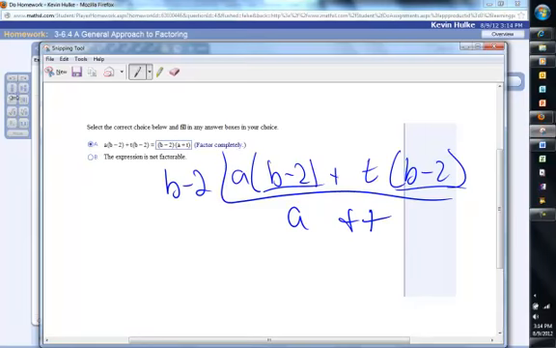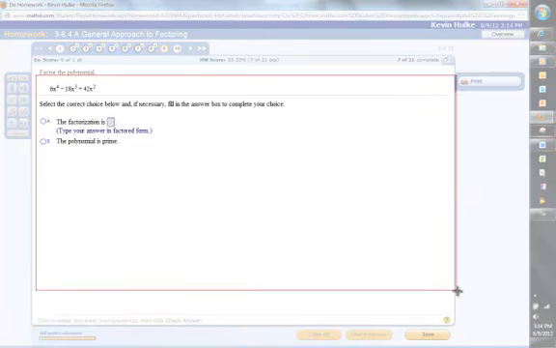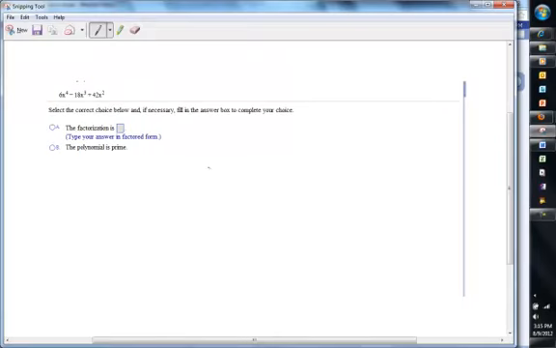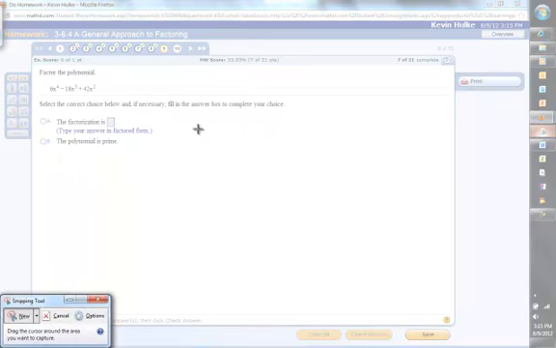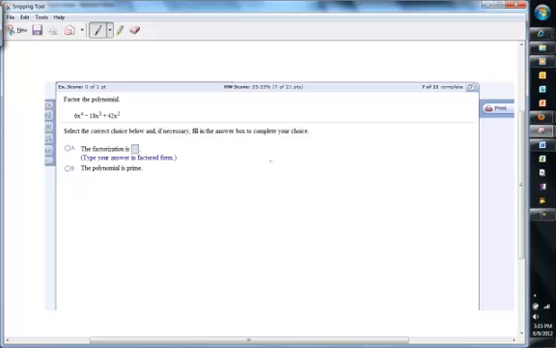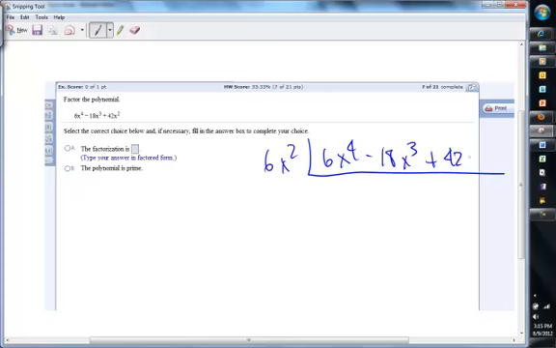First thing I'd do on this one is factor out a 6. Factor out a 6x squared out of 6x to the 4th minus 18x cubed plus 42x squared.